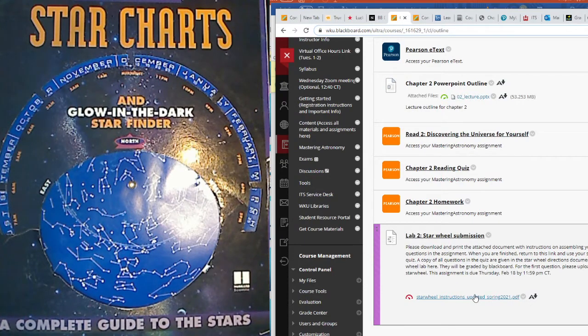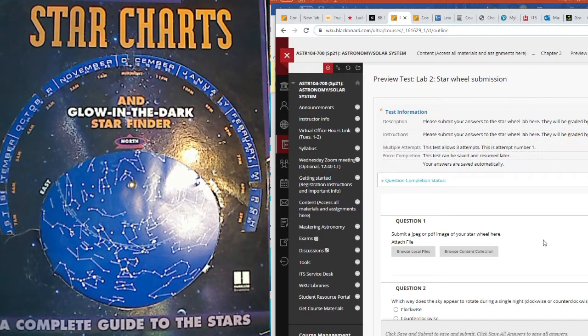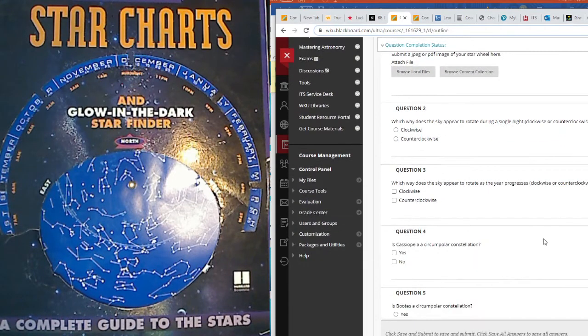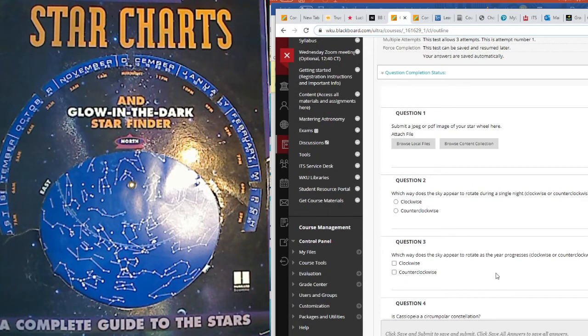So if you go back here where you downloaded the instructions, if you click on this, it brings up what is a little, like a little quiz, right? So the questions that are on this are the same questions that are here in the lab, right?